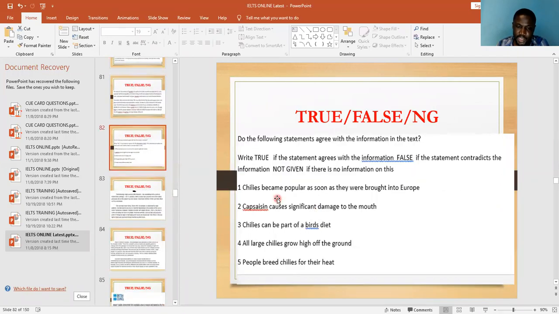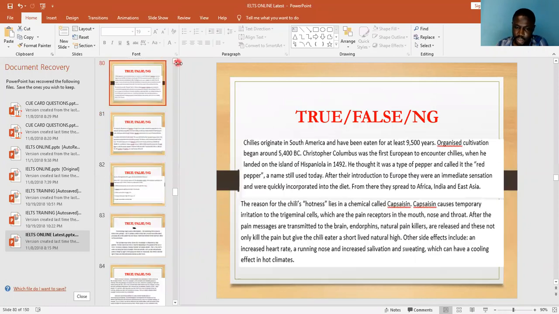This question is saying chilies became popular as soon as they were brought to Europe. Then let's go back to the passage. Where it was is here: after introduction, they were an immediate sensation.